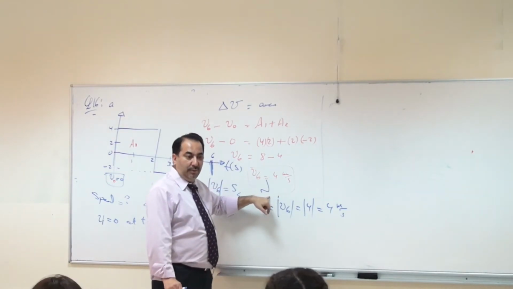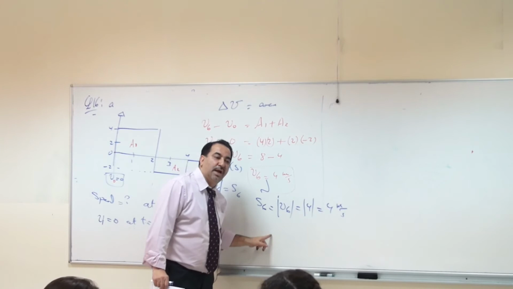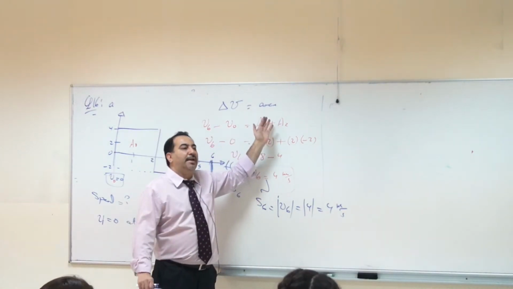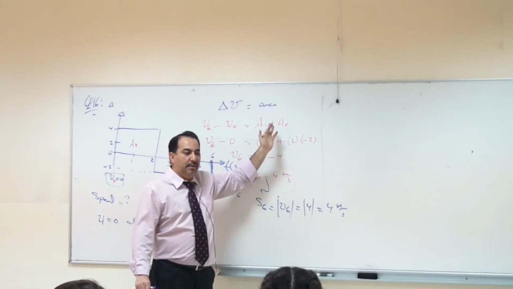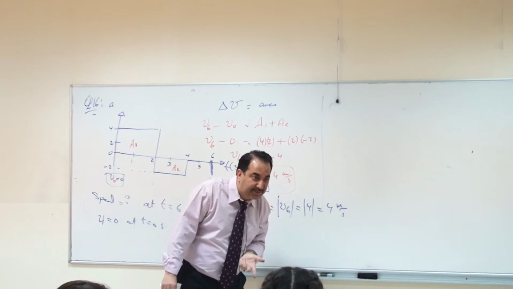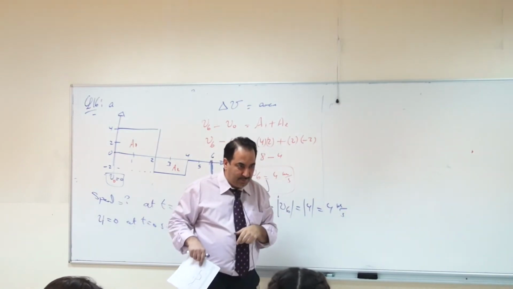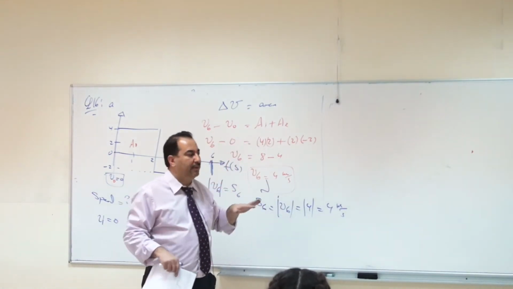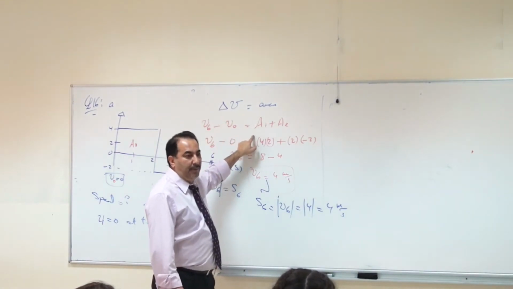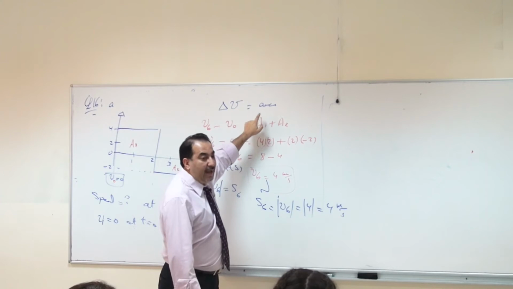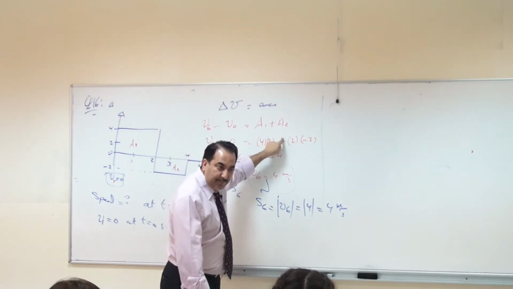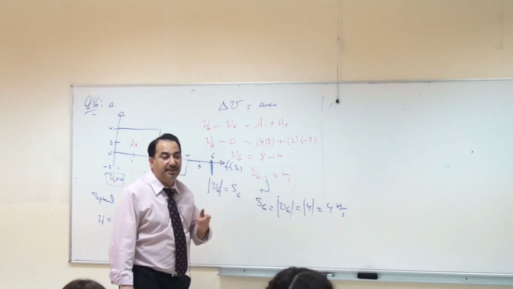Then, once you find the velocity, you take the absolute value. Not from the beginning. This is not a VT graph where you are asked to find the distance. No, this is different. There is always no absolute value in this formula. Delta V equal area. And you don't use absolute values for areas here, because velocities have signs.